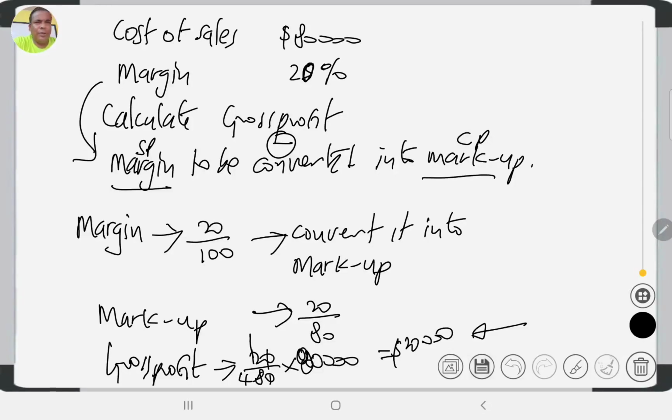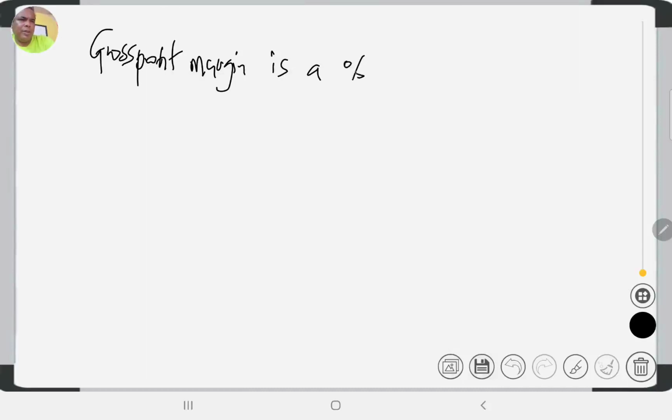Now, what have we learned concerning gross profit margin and gross profit markup? Gross profit margin is a percentage of sales revenue.